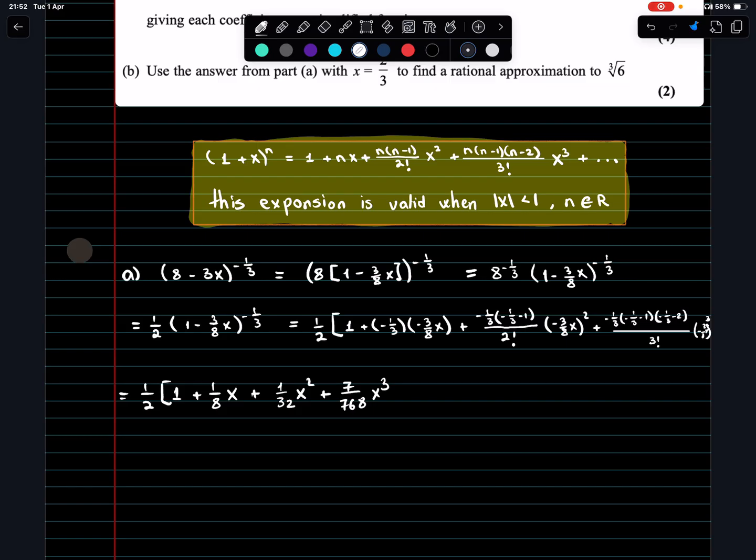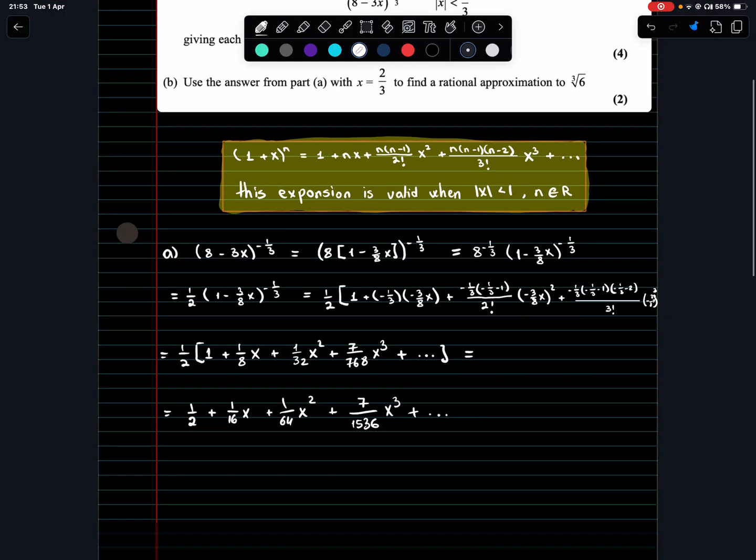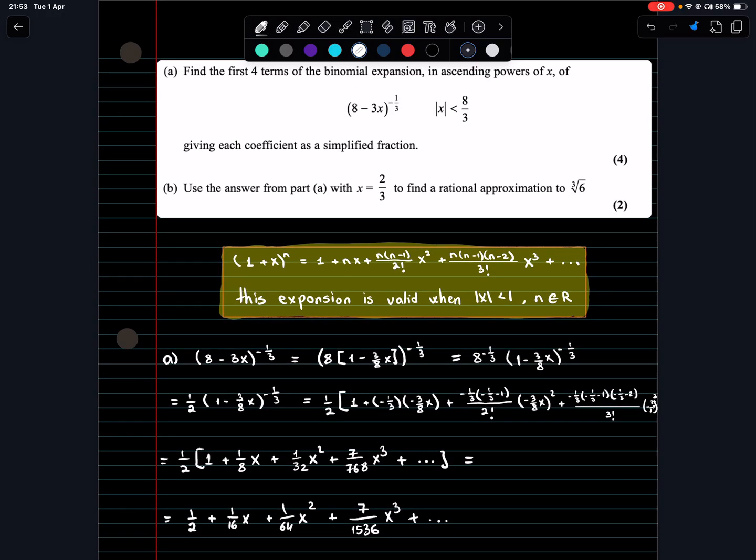Let me double check this: 1 over 32, 7 divided by 768x cubed plus dot dot dot. Don't forget to multiply it by 1/2 because it multiplies everything. So we get 1/2 plus x over 64, plus x squared over 64, then 7 over 1536 x cubed plus dot dot dot, which continues to infinity. Okay, that's the first part of the question, and if you do this you have 4 marks.